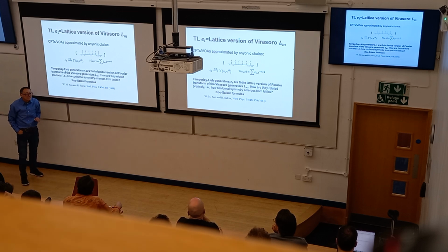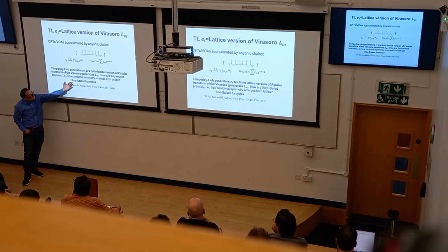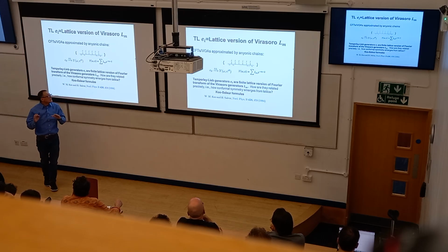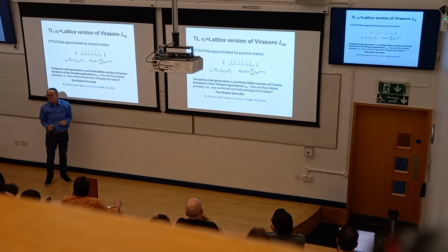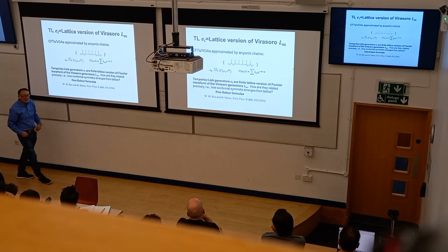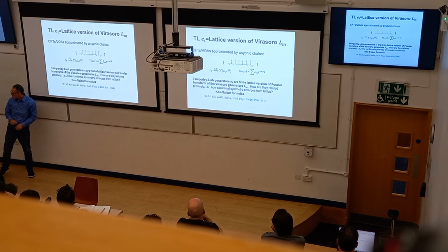And it turns out, some students there discovered that if you take the Fourier transform of the Virasoro, and then you truncate the coefficients in the right way, that would be the version of the Temperley-Lieb algebra on the lattice. That's what it should be. And more than that, this is the paper.